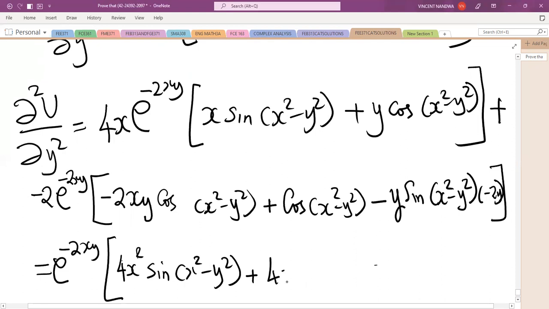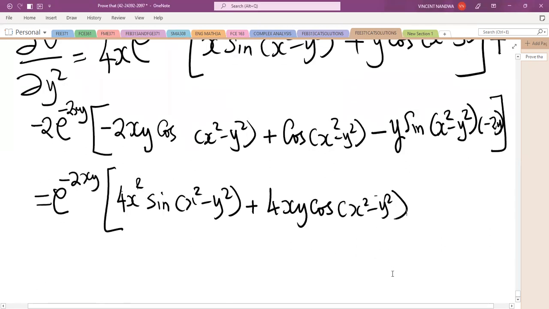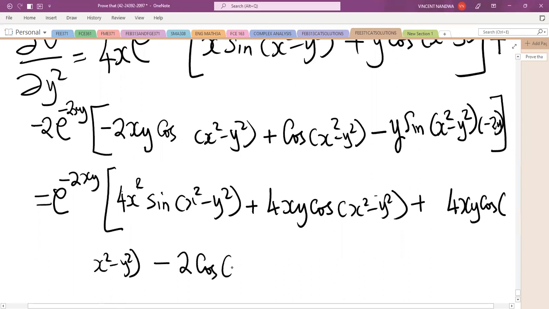So 4xy cosine of x squared minus y squared. And then there's a negative sign here. So negative times negative is plus. So plus 4xy cosine of x squared minus y squared, minus 2 times this, I'll get now minus 2 cosine of x squared minus y squared. And then minus minus is plus.